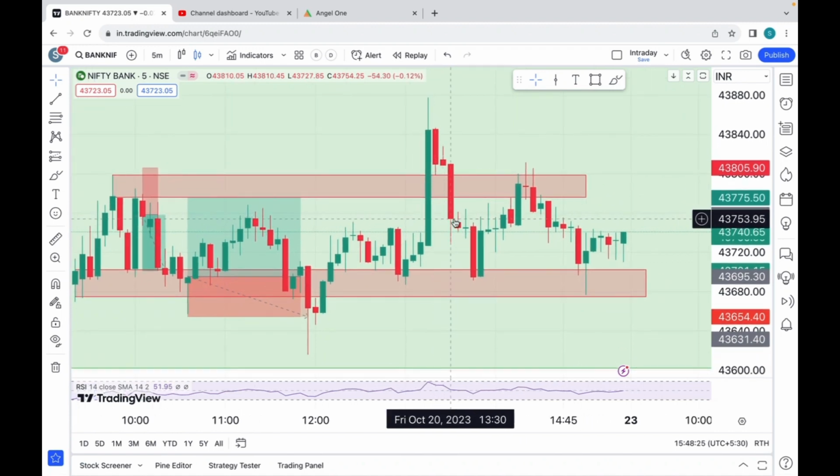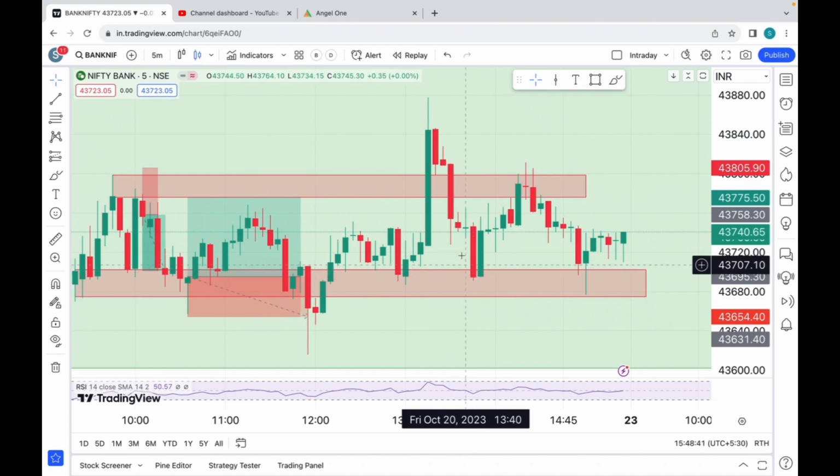So now with this, we can see that there is a clear picture of the market, which is saying that the market is on the way to the downside.